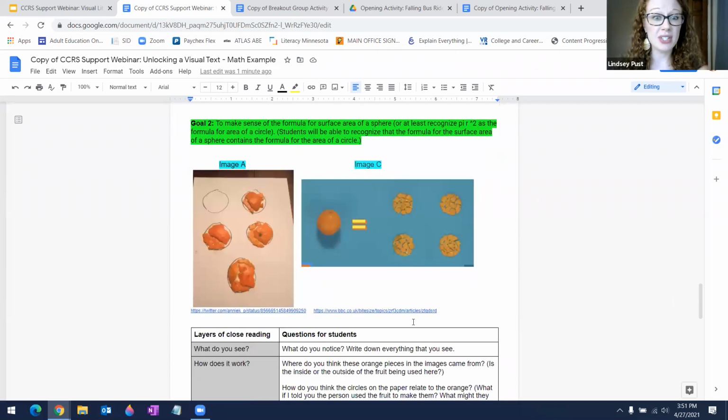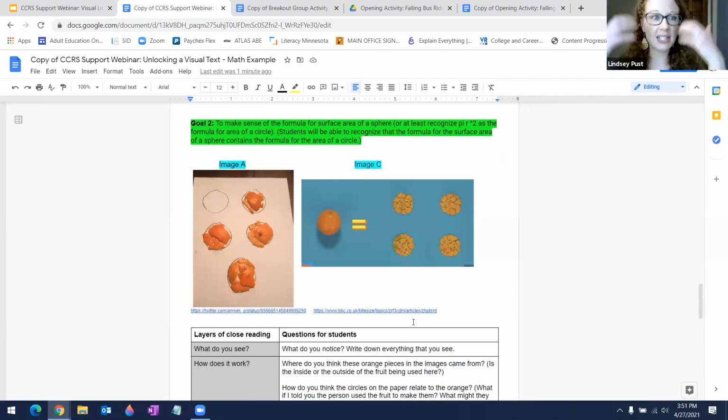The second one uses that same picture and another one to try to make sense of the formula for the surface area of a sphere. Without going too much into the weeds of the math, the surface area of a sphere is actually 4 times the area of a circle, and you can see that in these pictures.